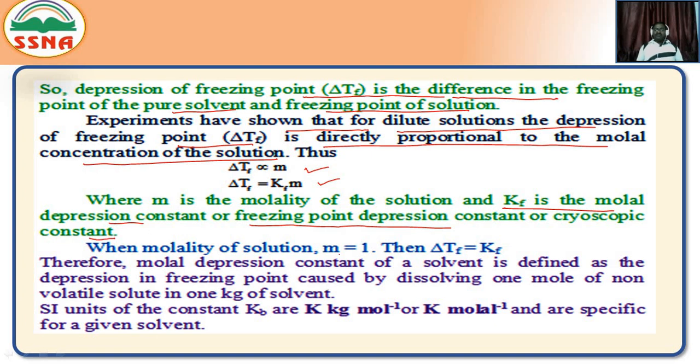When the molality of the solution m is equal to 1, delta Tf is equal to Kf. Therefore, the molal depression constant of a solvent is defined as the depression in freezing point caused by dissolving 1 mole of non-volatile solute in 1 kg of solvent. The SI unit is Kelvin kg per mole or Kelvin per molal, and it is specific for a given solvent.